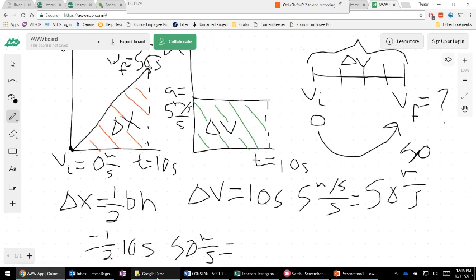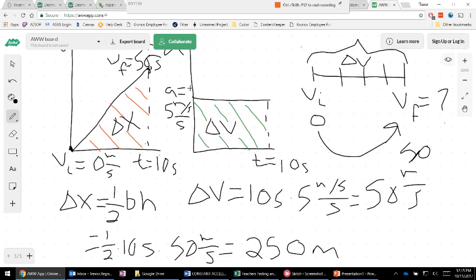If I calculate that out, 10 times 50 is 500, divided by 2 is 250 meters. So this tells us that the car, while it's accelerating from 0 meters per second to 50 meters per second, travels a distance of 250 meters. Let's draw that a little cleaner.